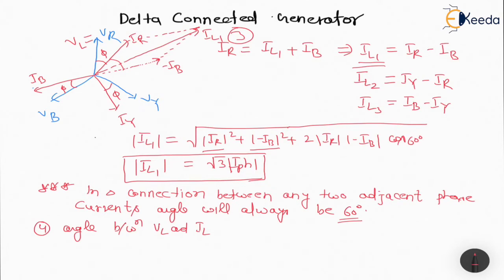So the angle is 30 plus phi. You can see for RL load, I have taken here the RL load, the angle is 30 plus phi. And in case of R load, the angle between line voltage and line current will be 30 degree. But in case of RC load, the angle difference will be 30 minus phi.